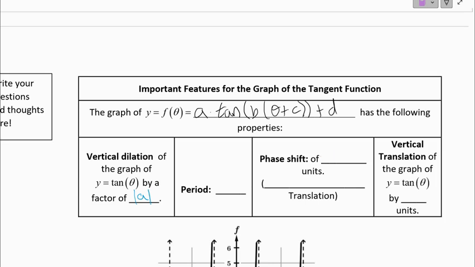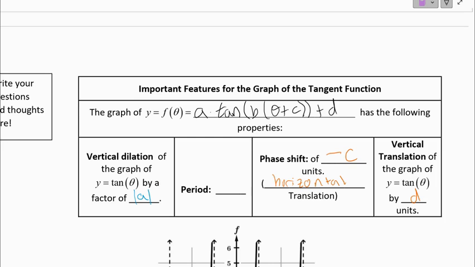Phase shift is still minus c, which is really another word for horizontal translation. And then the vertical translation is exactly as you expect. It is that d value at the end, going up or down by whatever the d value is.